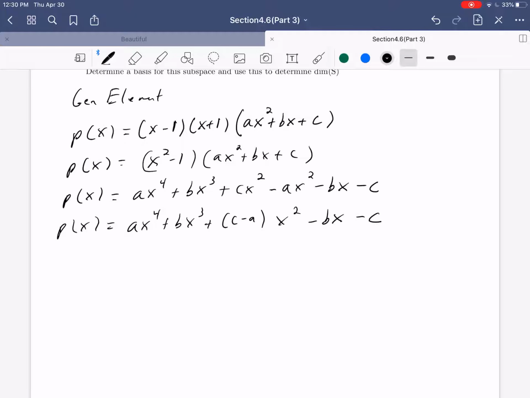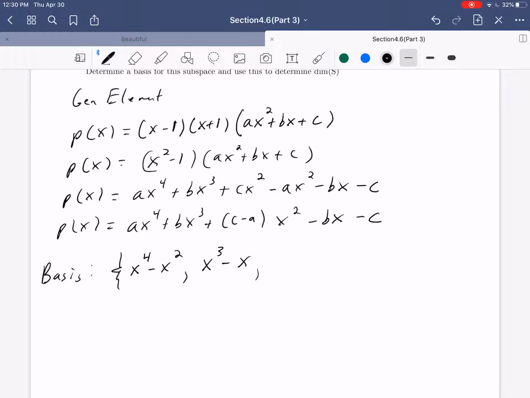Okay, so what would be our basis here? Well, we'll do the same sort of trick. The basis would be first, let's let a be 1. So we'd get something that looks like x to the 4th minus x squared. Then let's let b be equal to 1 and everything else be equal to 0. So it looks like we get something like x cubed minus x. Okay.